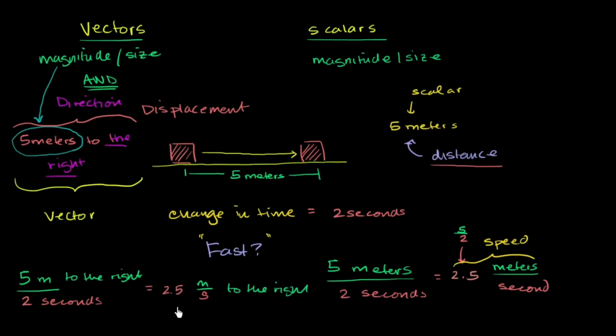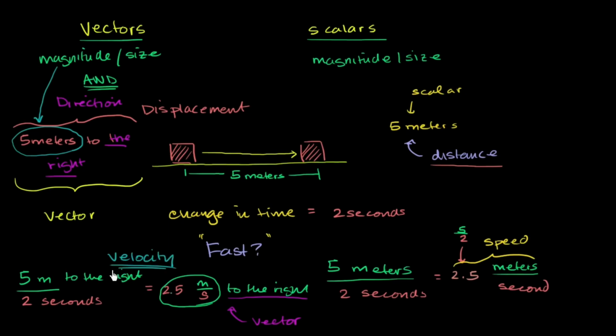So is this a vector or a scalar quantity? I'm telling you the magnitude of the speed, 2.5 meters per second. And I'm also telling you the direction, to the right. So this is a vector quantity. When you specify both the speed and the direction, you are talking about velocity.